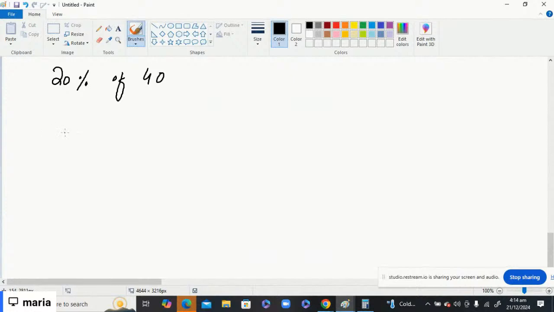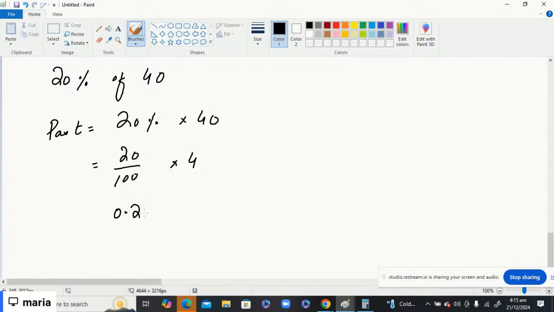If you're going to choose like this way, firstly we are going to finding it out this way. So the part is equals to 20% of 40, like this way, 20 over 100 times 40. This is 0.2 times 40.